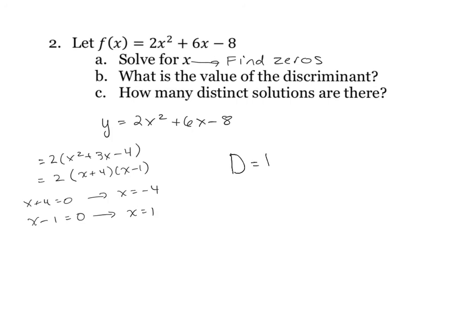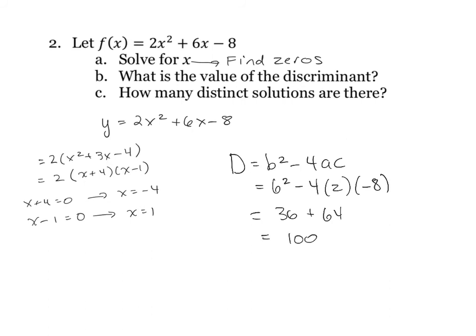D equals b squared minus 4ac equals 6 squared minus 4 times 2 times negative 8, which equals 36 plus 64, which equals 100. So our discriminant was 100, which is greater than 0. Therefore, we have two real roots, which is what we saw when we solved the equation first.